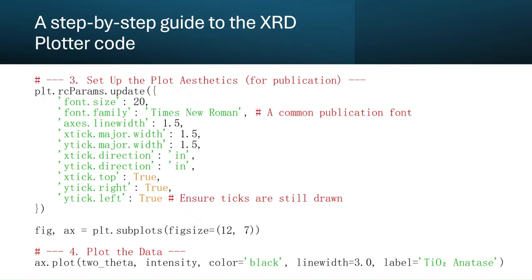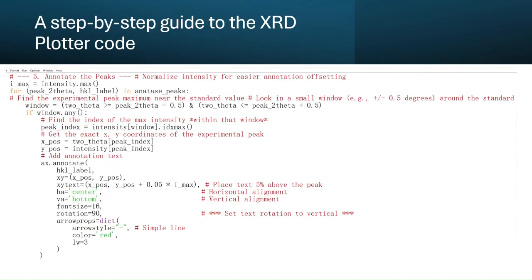Next, we have plotting and annotation. This is the most important part. First, we have ax.plot that draws the actual line for your XRD data. Next, the code loops through that peak checklist we made earlier.